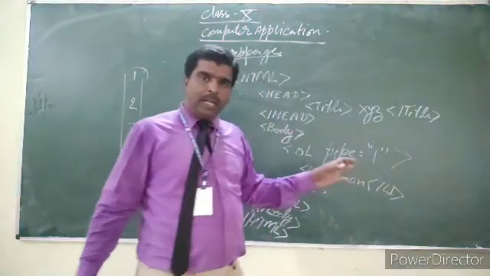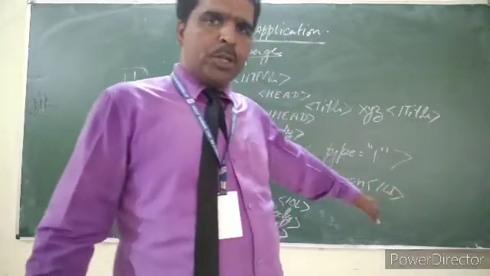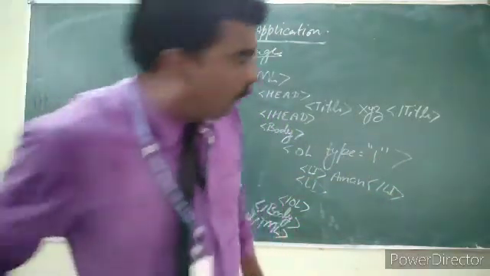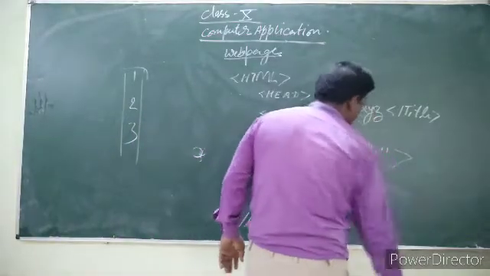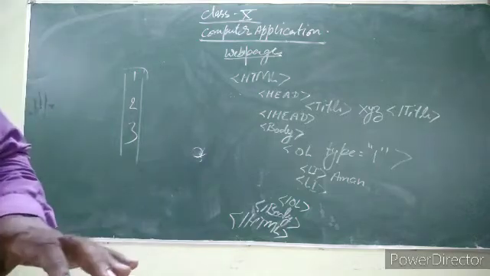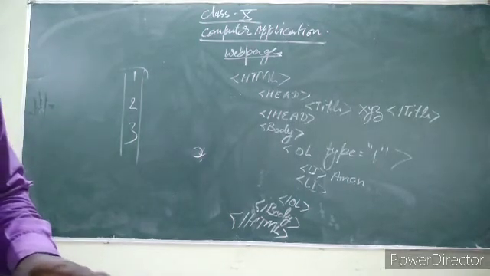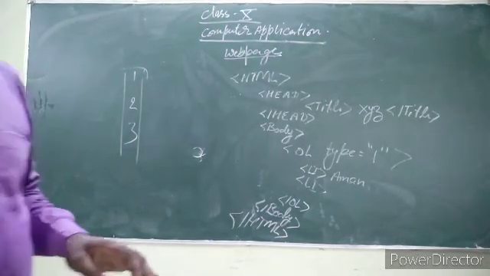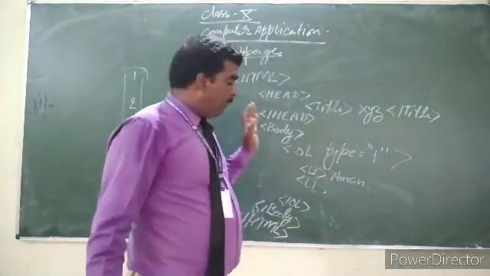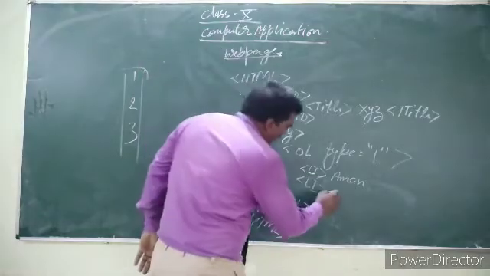If you are not writing the closing li, it doesn't matter because it is not a container tag. But don't think that if you are not making it, it will not be workable.